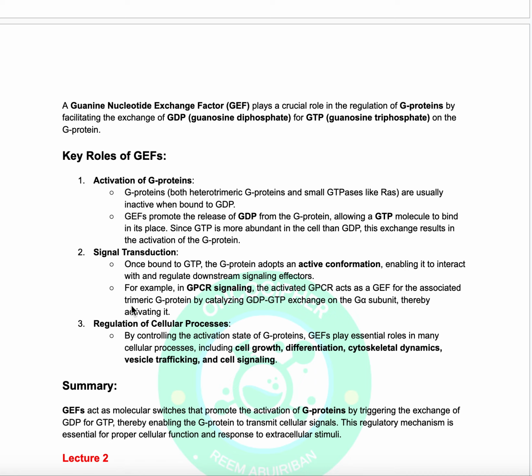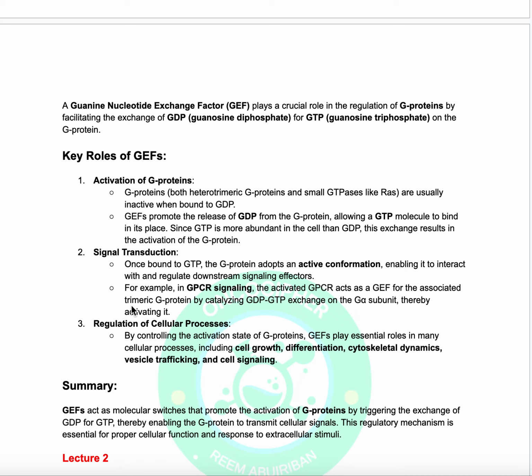If these G proteins or GTPases are bound to the GDP, they are inactive. Then the guanine exchange factor promotes the release of GDP from the protein, allowing a GTP molecule to bind in its place. Once the GDP is bound to these proteins, it makes them inactive.